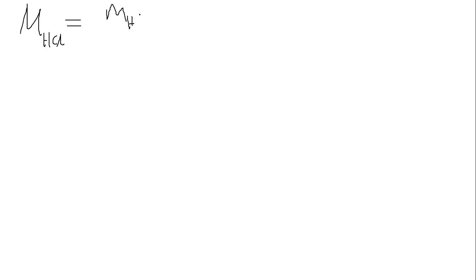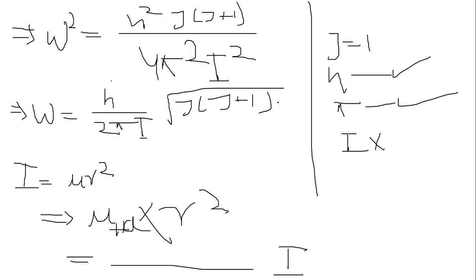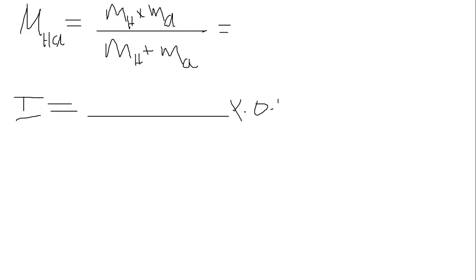mass of hydrogen into mass of chlorine divided by mass of hydrogen plus mass of chlorine, and I will be that value into 0.1274 nanometer squared.